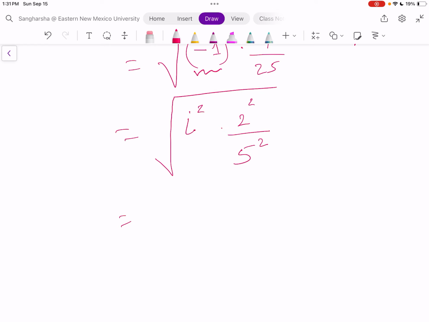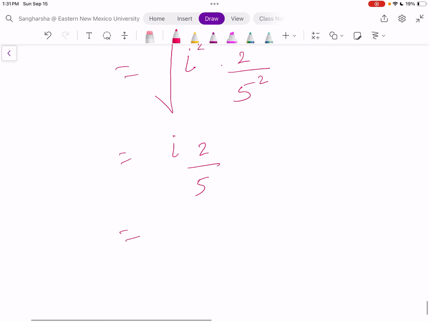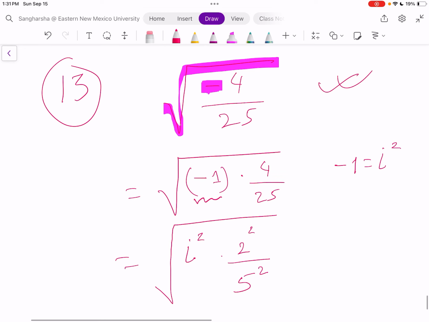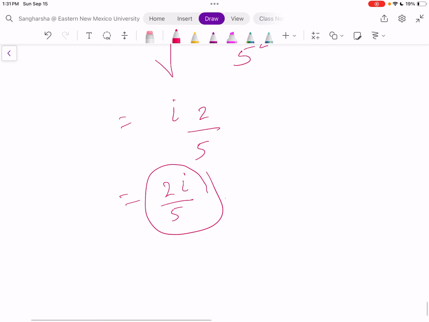The square root of i squared is i, the square root of 2 squared is 2, the square root of 5 squared is 5, and we have i times 2, so 2i divided by 5. This number is the same as the given number. The only difference is that we don't have a negative number under the radical sign here. We are rewriting the given number as a pure imaginary number.